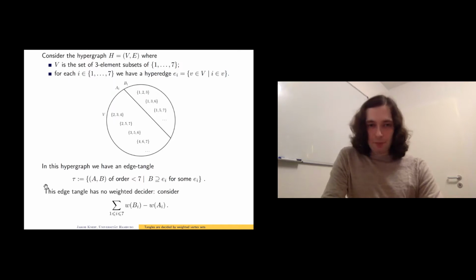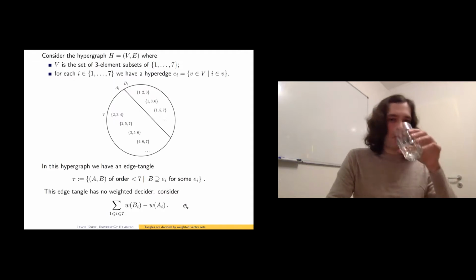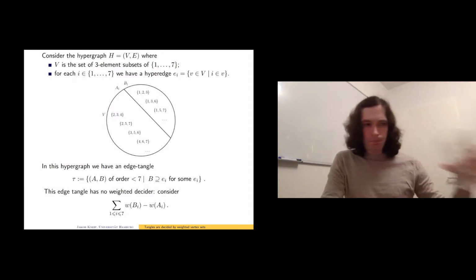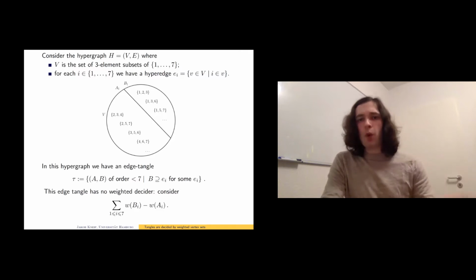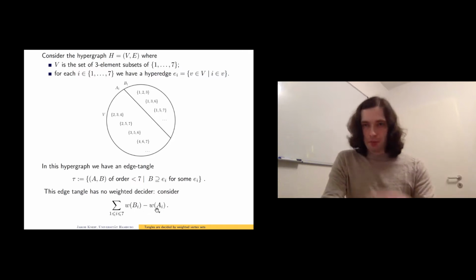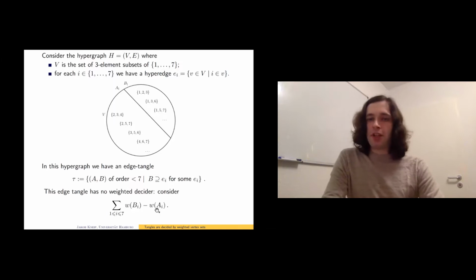And with that, we can consider this expression down here, where for each of these 7 maximal separations of our edge tangle, we take the total weight of the big side minus the total weight of the small side.